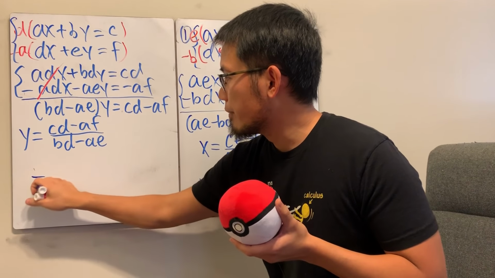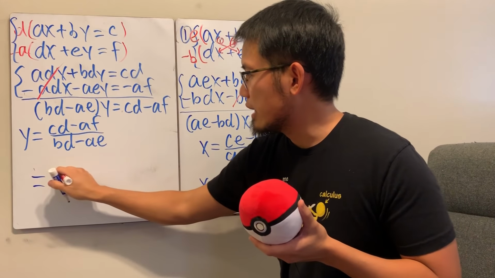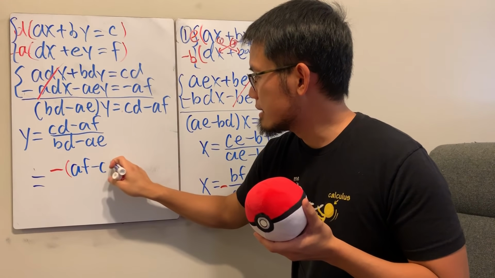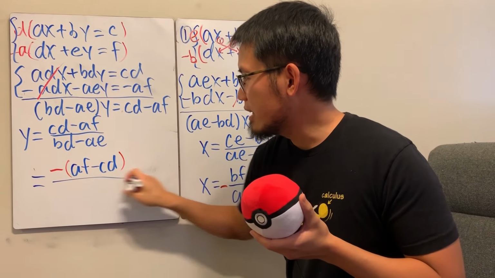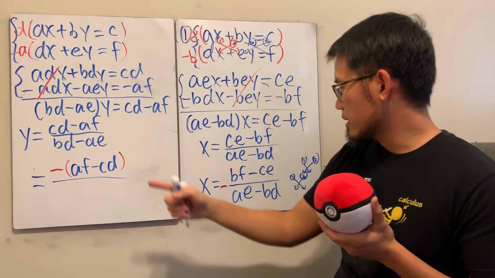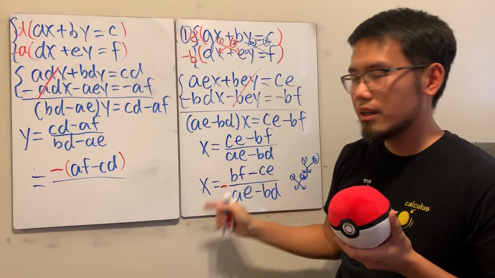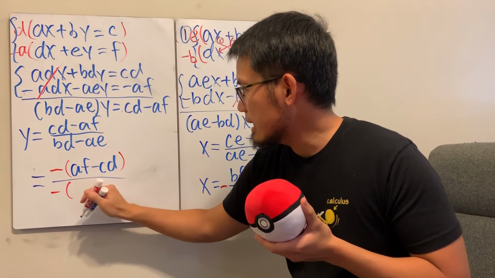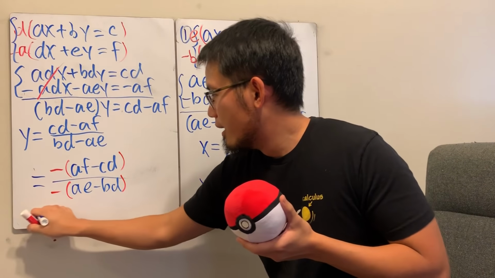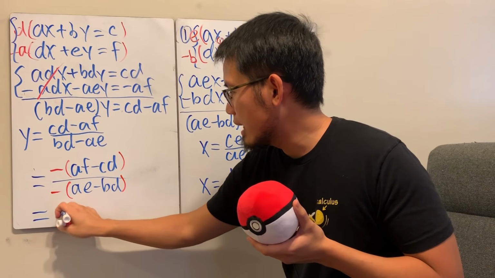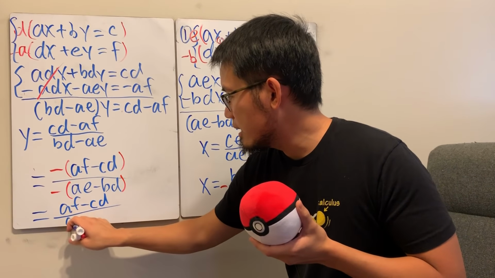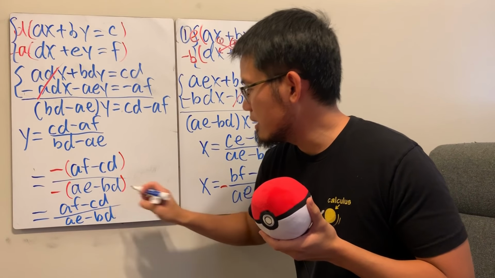But I just have to negate the result on the top, and then I can put this down as AF minus CD, and then divided by, I want to do AE times this, because that will be exactly what we have here. So again, I will also switch that, and we get AE minus BD. All right, in the end, we see that this is just AF minus CD over AE minus BD.